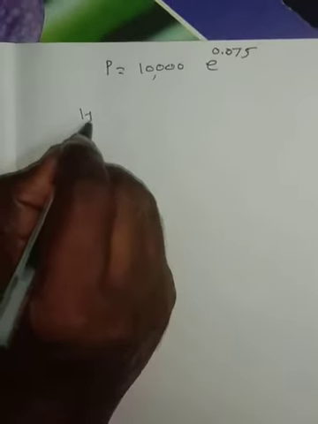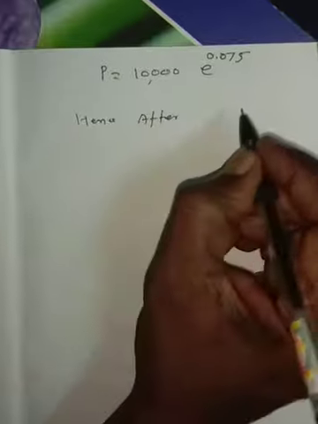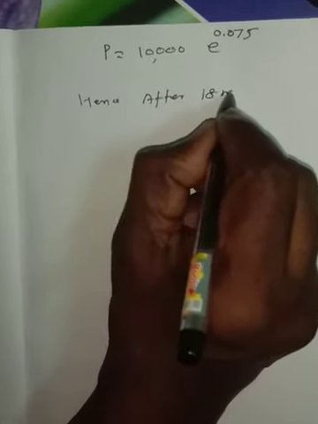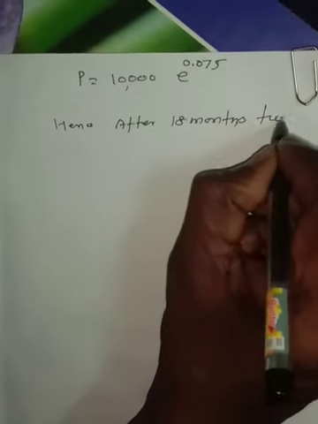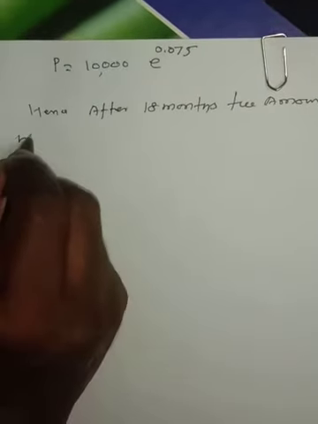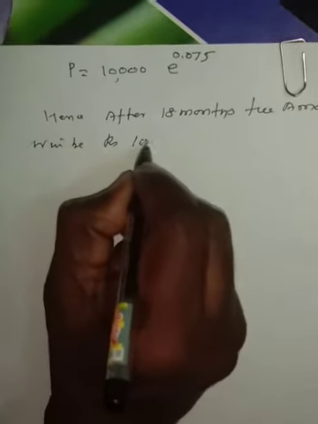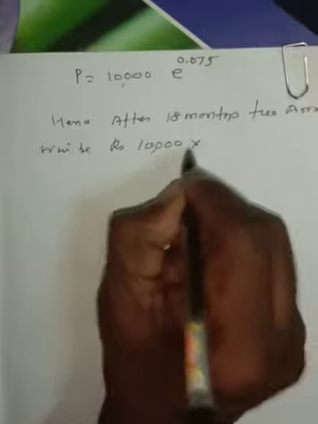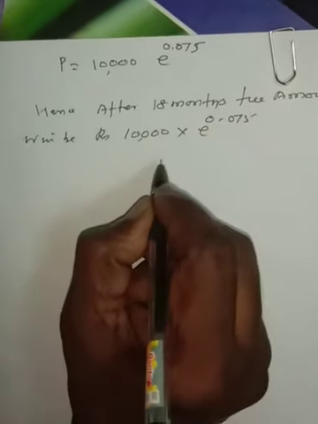Hence, after 1.5 years, 18 months, the amount will be rupees 10,000 into e to the power of 0.075.